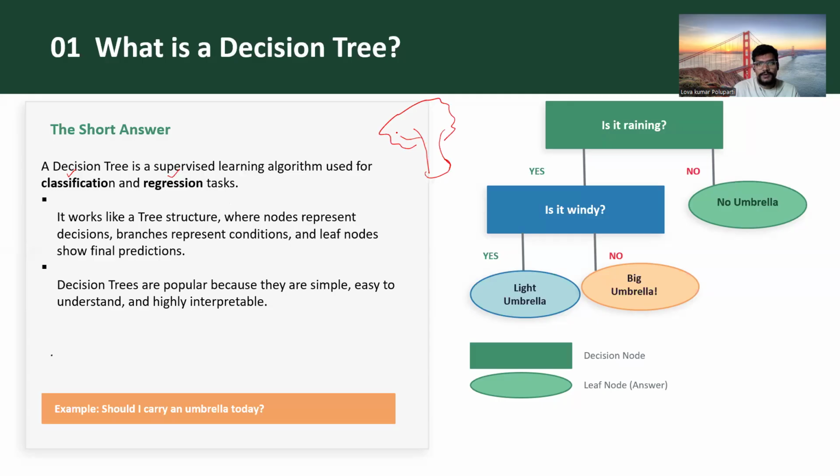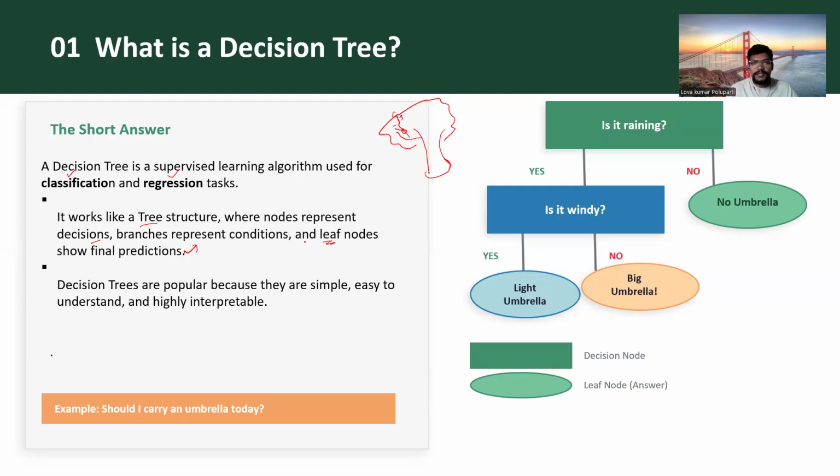They have branches, sub branches, and at the end point there are leaves. In the similar fashion, we call this part a node. So it looks like a tree structure where nodes represent the decisions, the branches are the conditions, and the endpoint, the leaf, shows the final prediction.